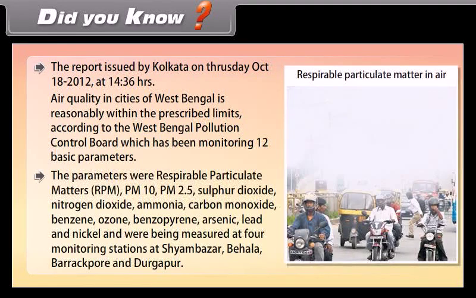The parameters were respirable particulate matters RPM, PM10, PM2.5, sulfur dioxide, nitrogen dioxide, ammonia, carbon monoxide, benzene, ozone, benzopyrene, arsenic, lead and nickel, and were being measured at 4 monitoring stations at Shambazar, Behala, Barakpur, and Durgapur.